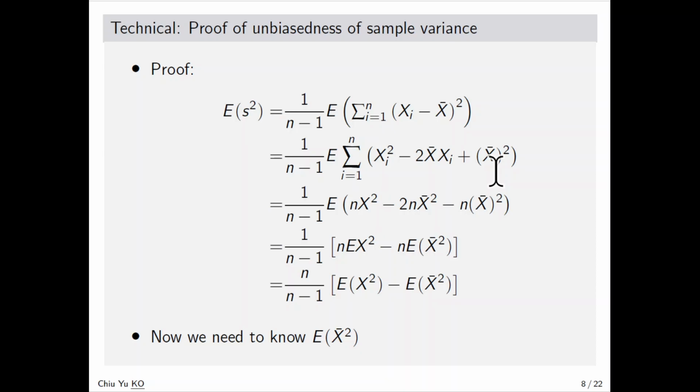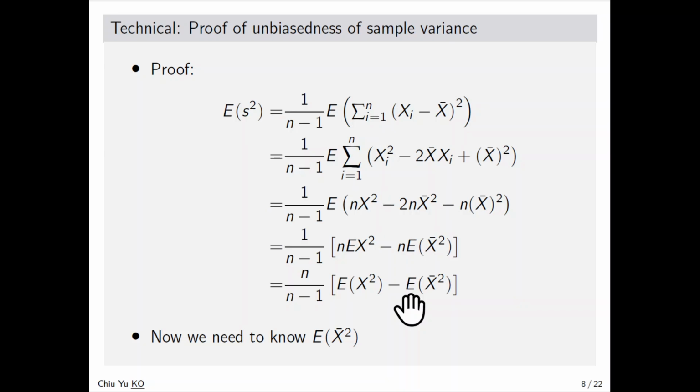Minus 2n plus n becomes minus n, so the plus n here is a typo. Take out the n, then what we have is n over n minus 1, times the expectation of x squared minus the expectation of x bar squared. The only thing we don't know is this last term, so we need to know this one.